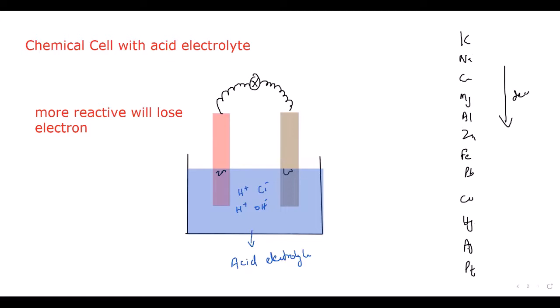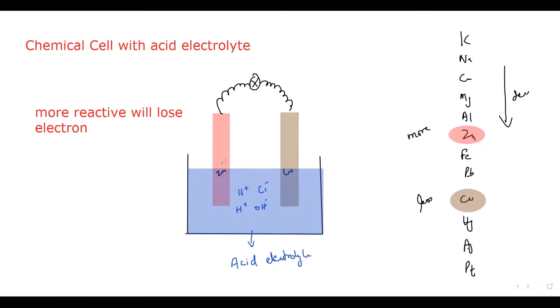So which is more reactive? We are using two metals, one made of zinc and the other of copper. Because zinc is above copper, zinc is more reactive and copper is less reactive. The more reactive metal will lose electrons first.